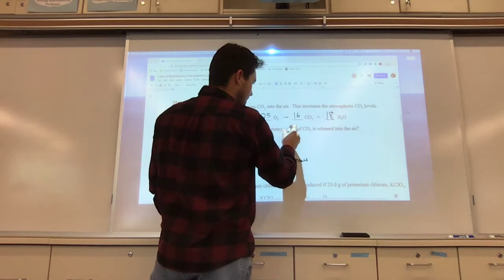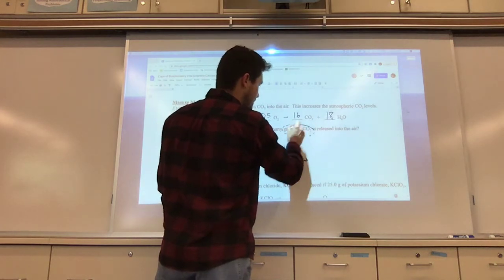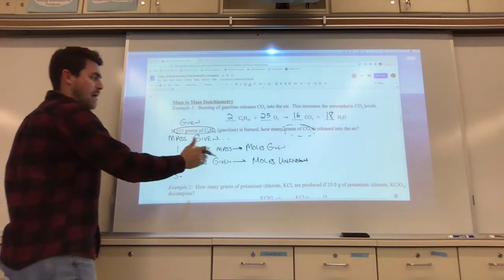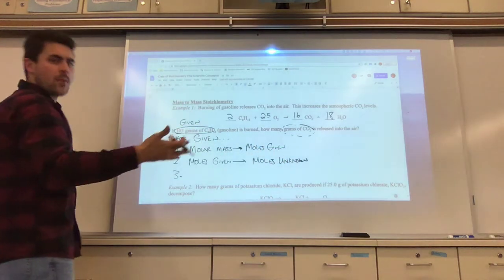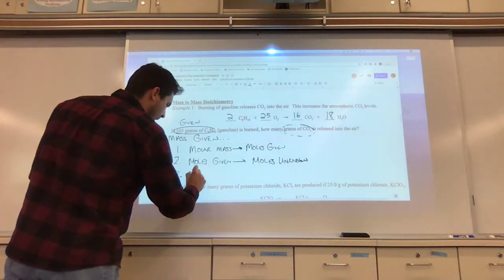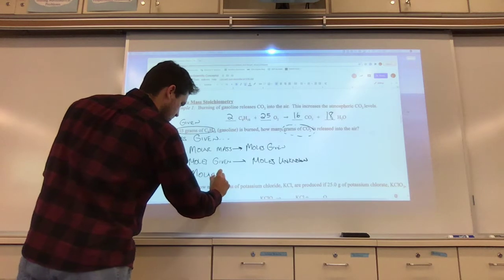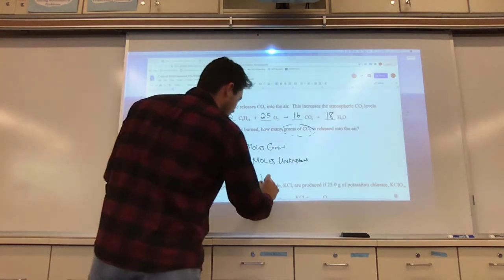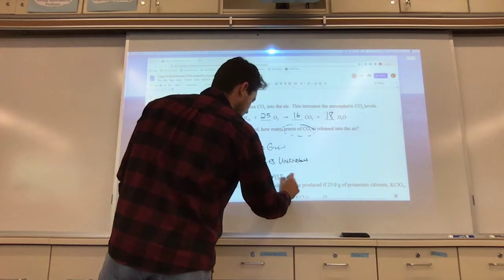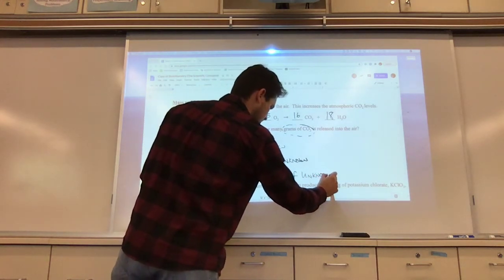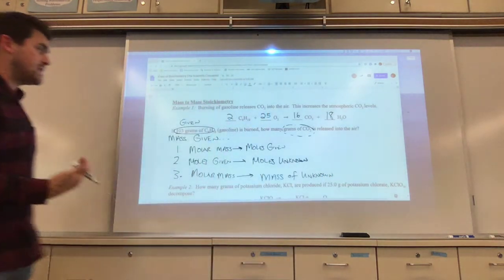In this case, our true unknown is grams of carbon dioxide, which is our third step. After we identify how many moles of unknown are produced or consumed, whatever we're looking for, we use the molar mass to find the mass of the unknown.